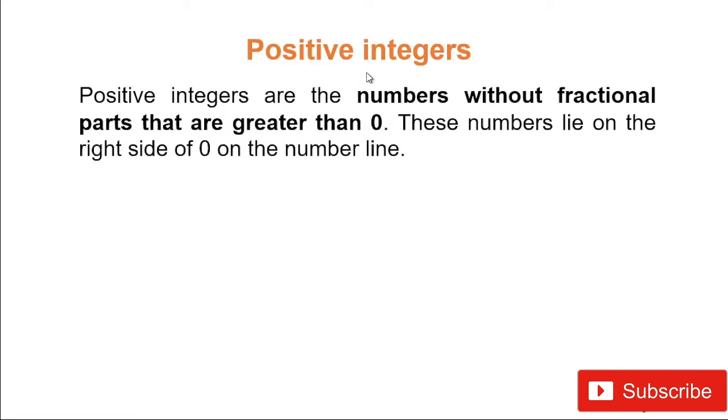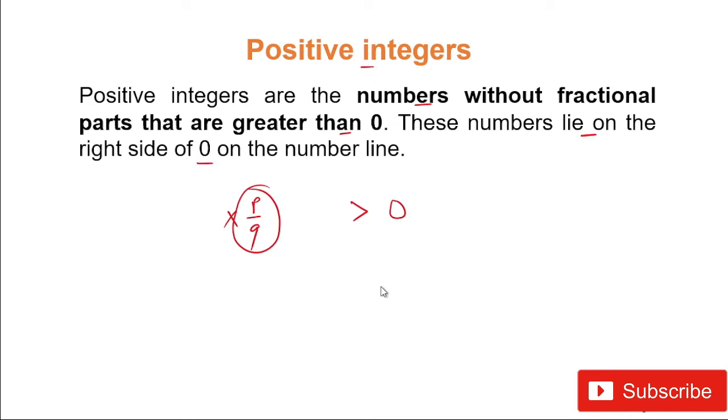So what is a positive integer? The definition of positive integers: the numbers without a fractional part that are greater than 0. Means any number that cannot be in the form of a fraction, p by q, and is greater than 0. Next, it is said these numbers lie on the right side of 0 on the number line.